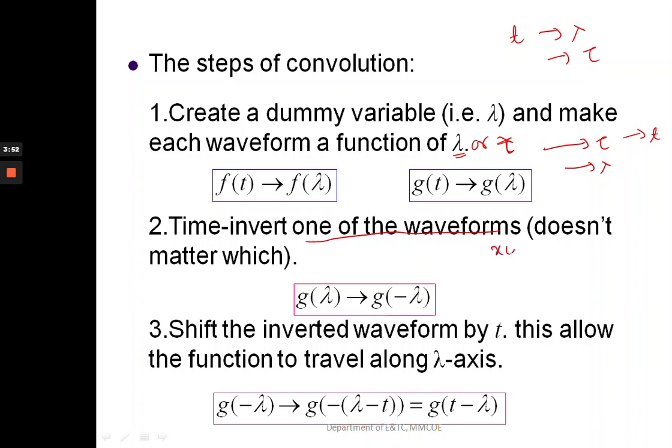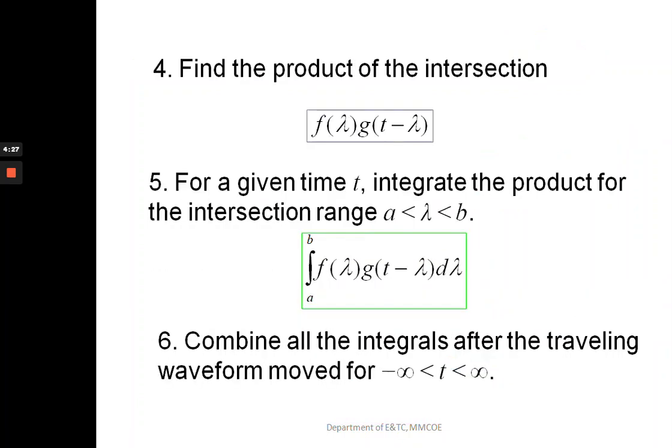If we invert x of tau or h of tau, or g of tau, we get g of minus tau or g of minus lambda, so the second waveform is inverted. Then shift the inverted waveform by t along the lambda axis or tau axis. This allows the function to travel along the lambda axis or tau axis.